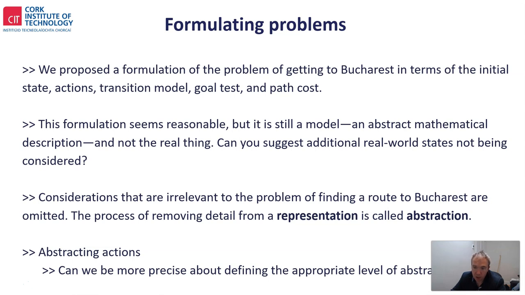But this abstract solution corresponds to a large number of more detailed paths. For example, if you drive with the radio on between Sibiu and Rimnicu Vilcea, you could carry out any of these small actions that would change the whole variation of the problem. So, while we can add more detail and finer-grained actions, the abstract solution is still valid because we can expand from the abstract to incorporate finer-grained levels of detail.